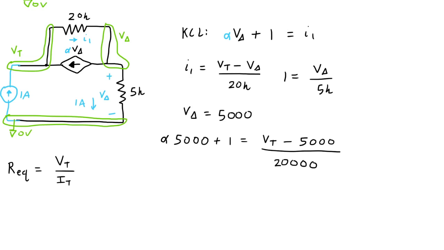Anyway, so that means if we set all this up, alpha times V delta, which we determined to be 5,000, plus 1 is equal to I1. I'm going to multiply both sides by 20,000, so that's 5,000 times 20,000. That is a big number. It's like 100 million. So I'll say 1E8 alpha plus 20,000 equals VT minus 5,000.